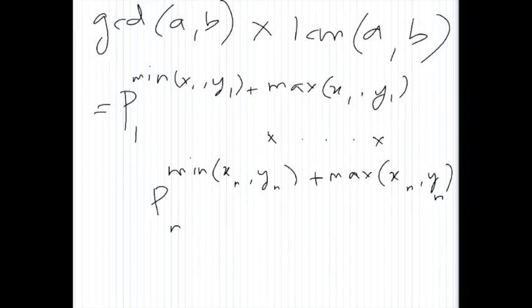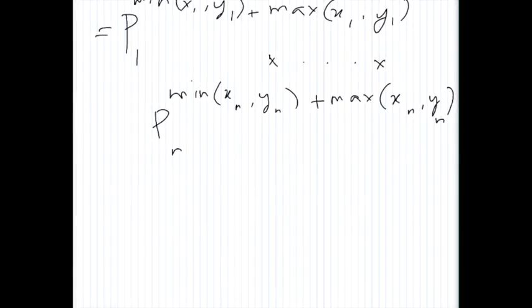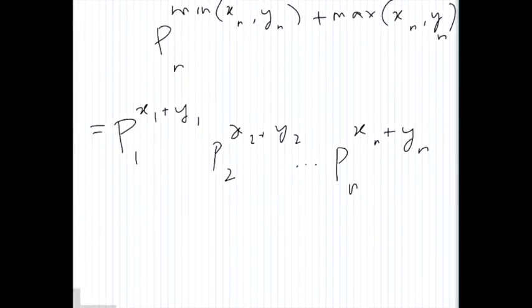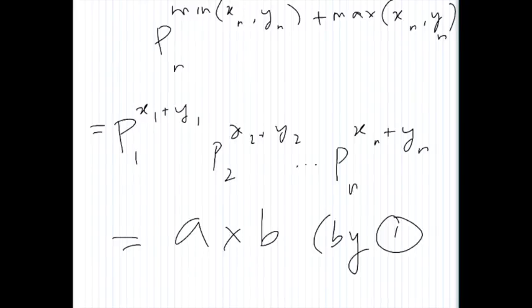The minimum of x1, y1 plus the maximum of x1, y1 is what? Just x1 plus y1. So this is equal to p1^(x1+y1) p2^(x2+y2) up to pn^(xn+yn). So this was what? In our equation 1, this is equal to a times b. So we say by equation 1.